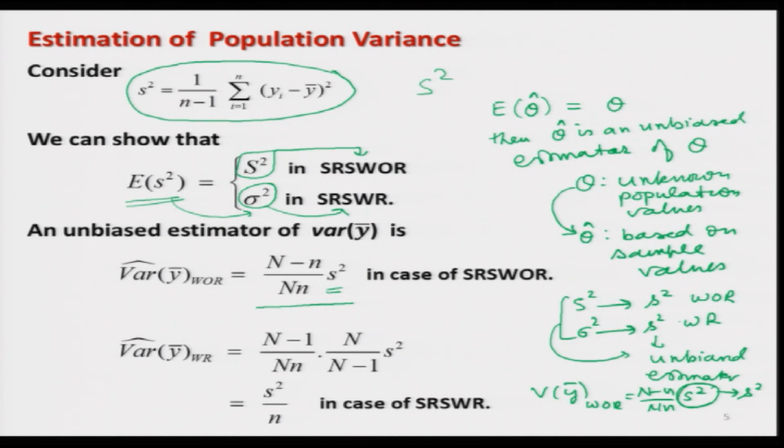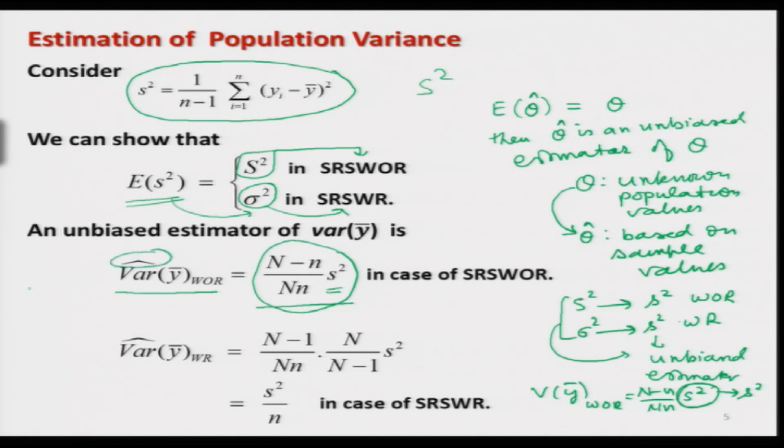Now this quantity can be computed on the basis of a given sample of data in case of SRSWOR. So, this becomes an estimator of variance of y bar under WOR, and in order to indicate the estimator, we use a hat.